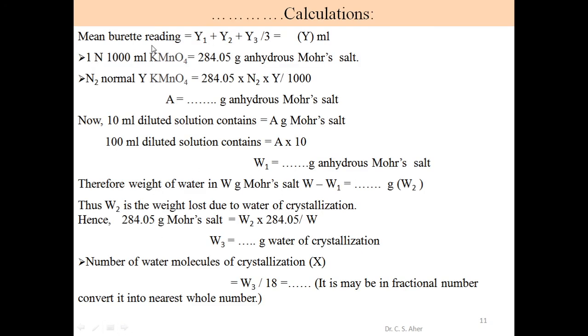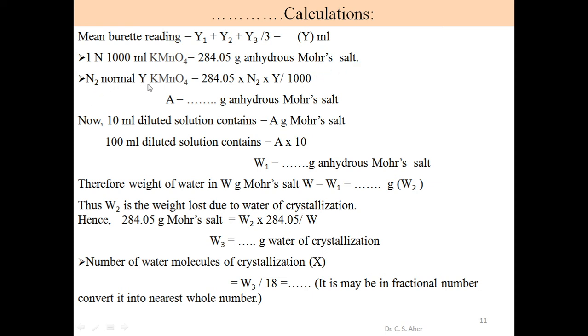The next important part is the mean burette reading from the second titration, that is part third, which gives Y ml. Y1, Y2, Y3, we add them and divide by 3, and we get Y as the mean reading. One normal 100 ml KMnO4 is equivalent to 284.05 gram of anhydrous, and that word is very important, anhydrous Mohr salt.